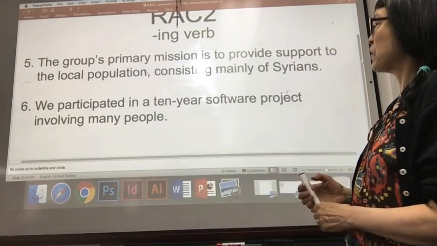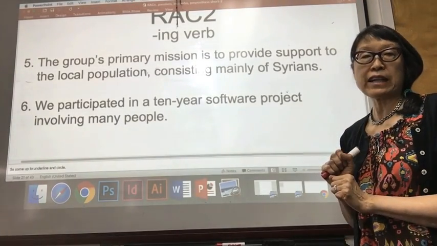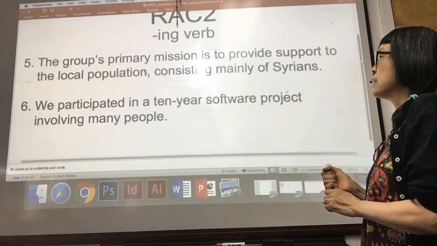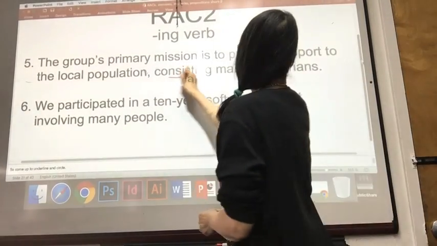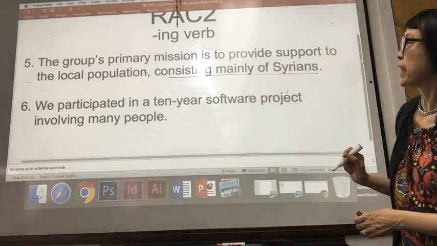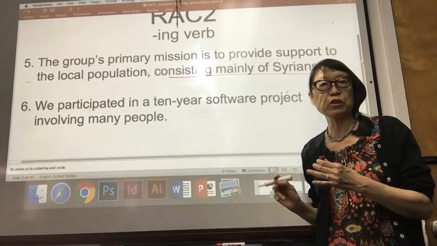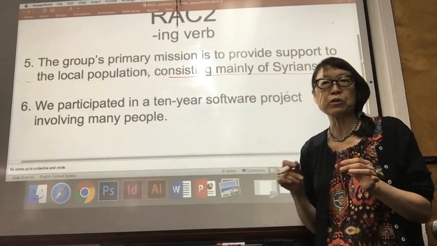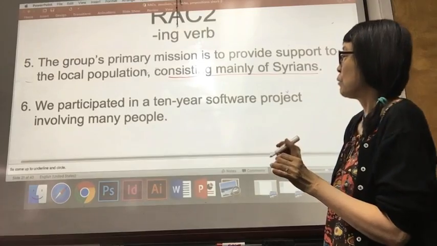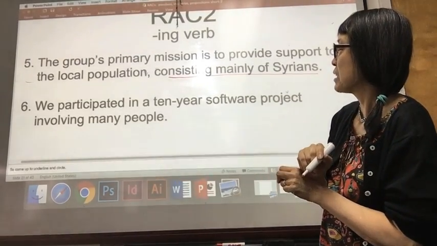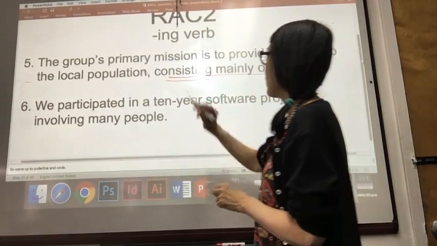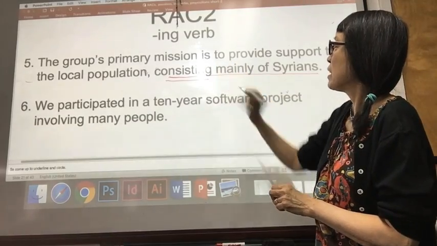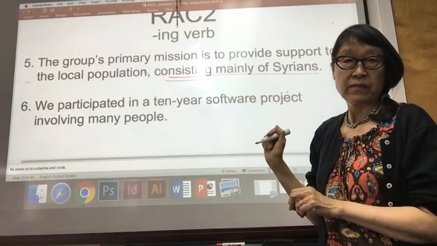In number one, what is the reduced adjective clause? Consisting mainly of serious. Okay, what does it use? Does it use a passive? No, it uses ing. And what is the ing verb here? Consisting. Okay, and then what does the RAC describe?